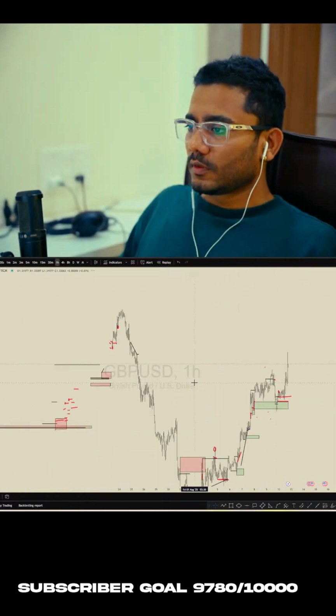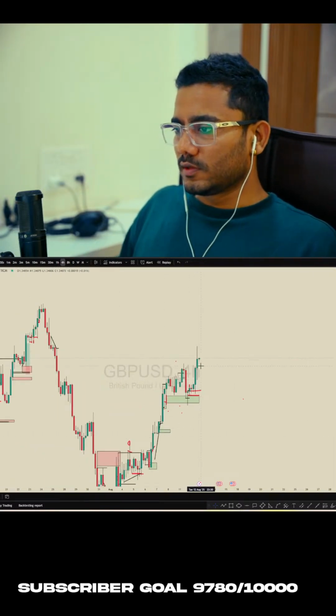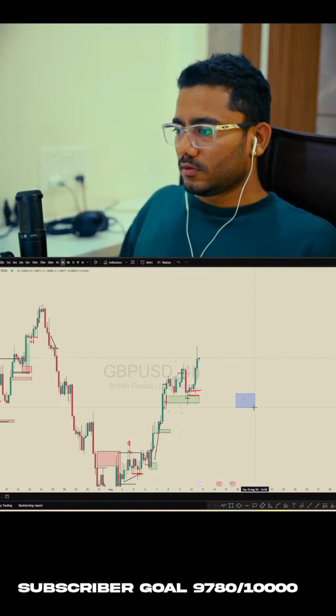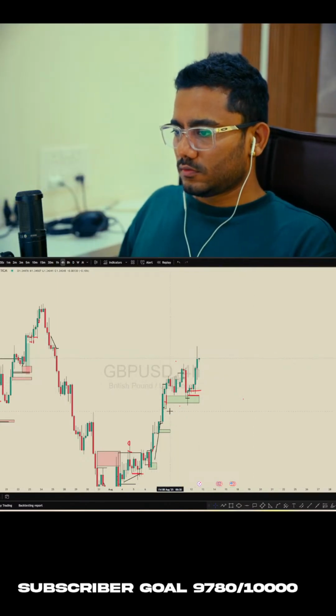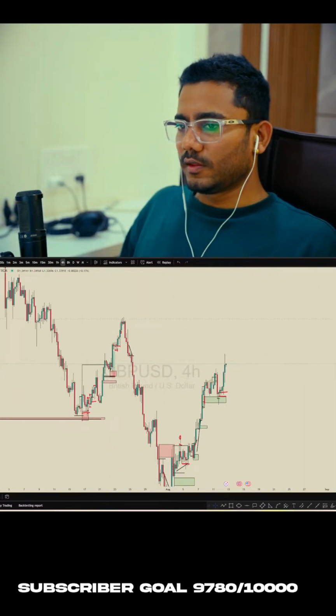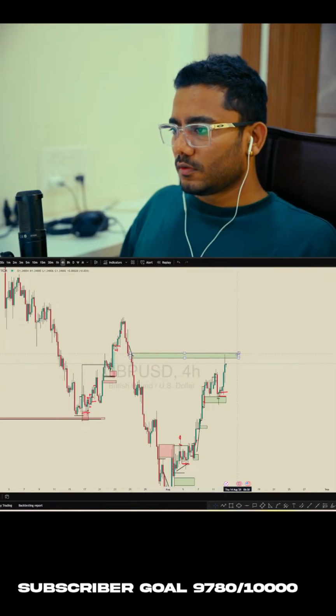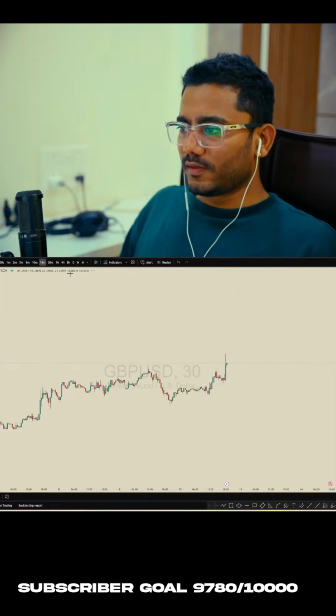So GU is bullish, just like yesterday, we have this reaction. So here on 4 hour, I think there is order block over here. So it's giving pullback from this area.